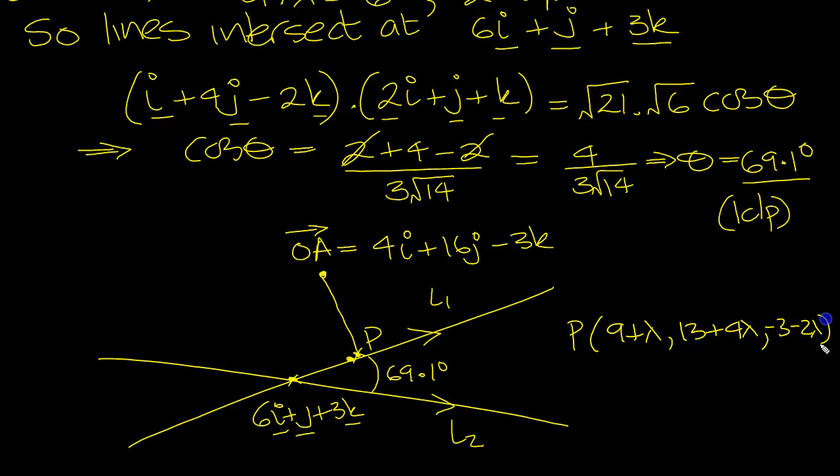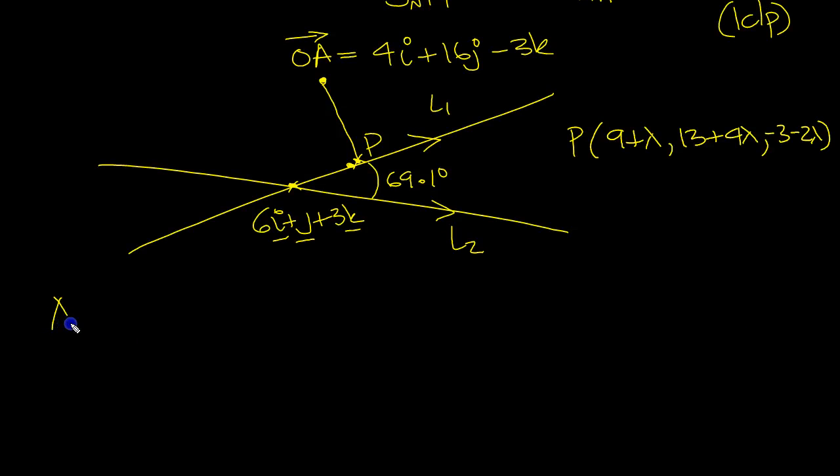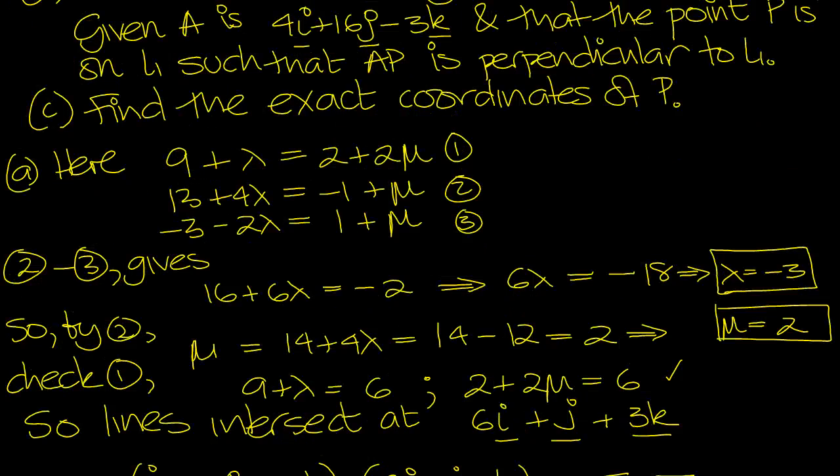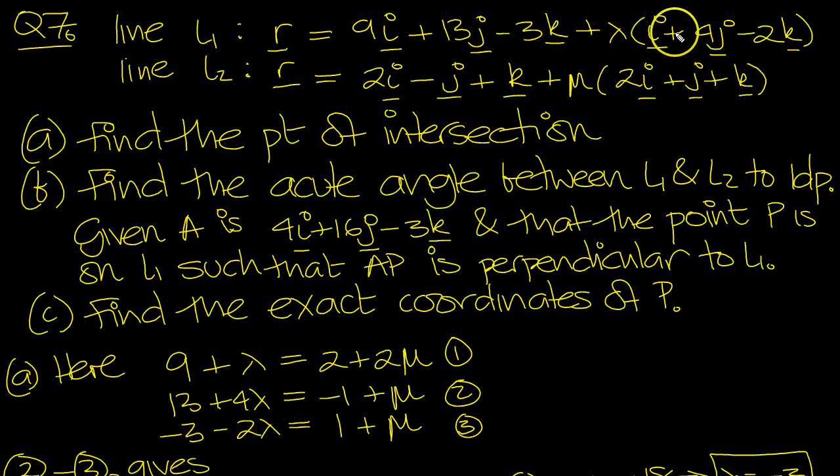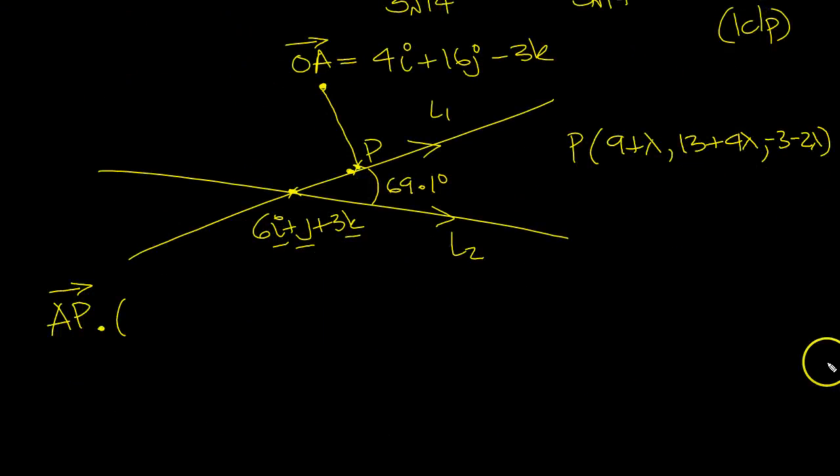So that's P, and we know AP is perpendicular to L1. Now L1 has a direction. Sorry to go back up again, but it's 1, 4, minus 2, so i plus 4j minus 2k.